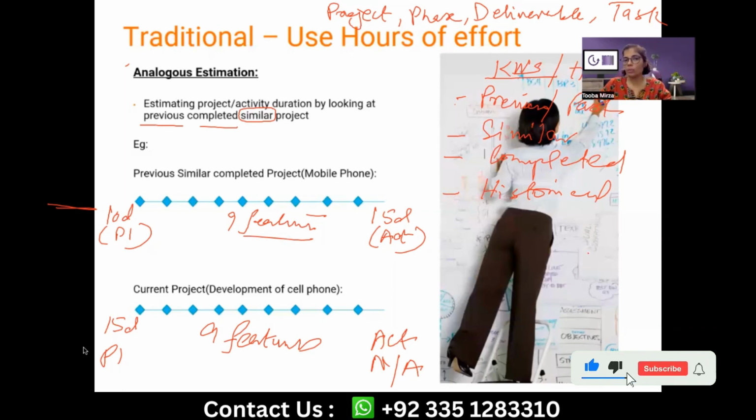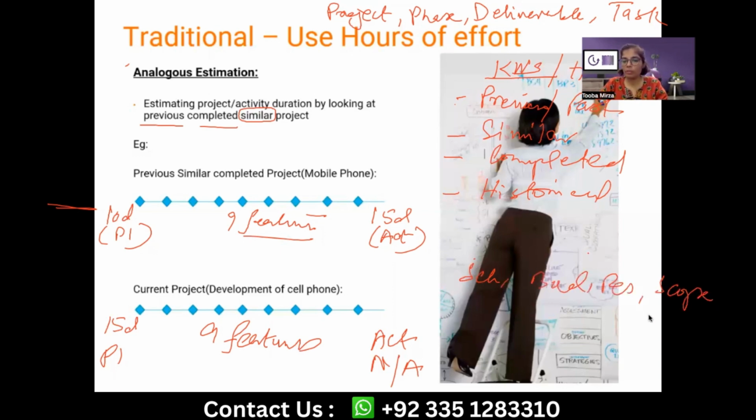Something similar makes sense to you for the current project. You check the previous project plans, at least for the important constraints. And what are usually the important constraints of the project? Schedule, budget or resource, scope, and quality.